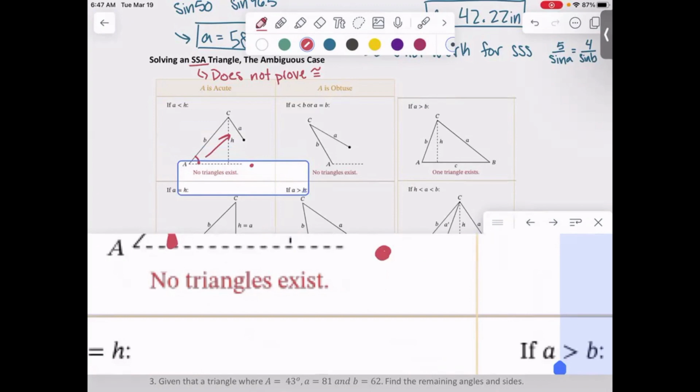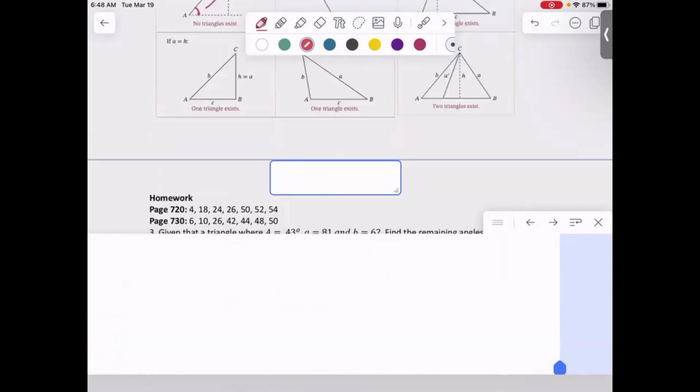So if I get something like this, it doesn't give us the height, so it's a little harder to test. So we'll do different ways of testing it. But yeah, if it doesn't equal, or if it's smaller, then I can't really do too much with it. So that's one of the cases.